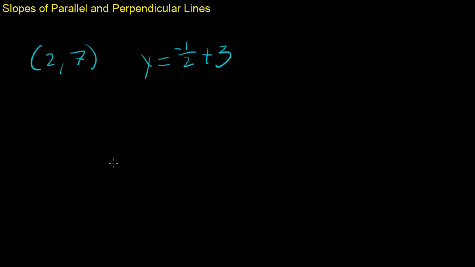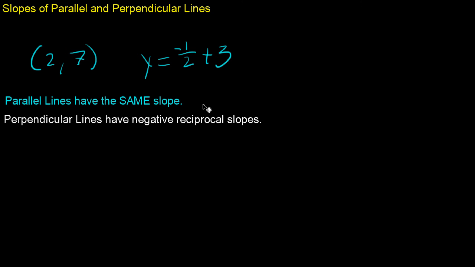All right, there's a very simple idea about parallel and perpendicular lines. And that is that parallel lines have the same slope, and perpendicular lines have negative reciprocal slopes.